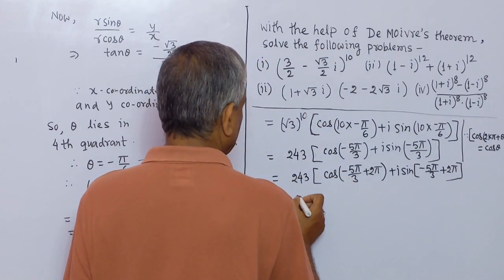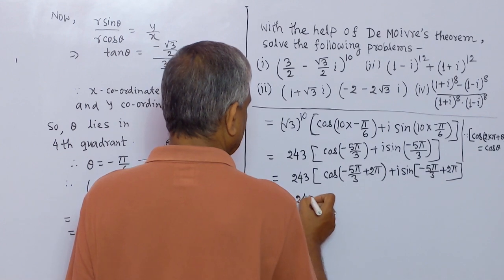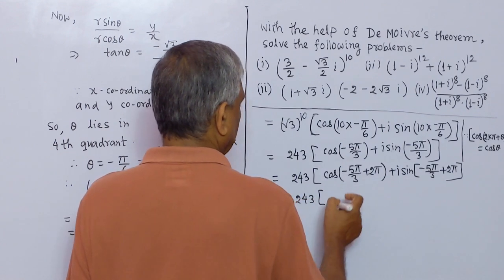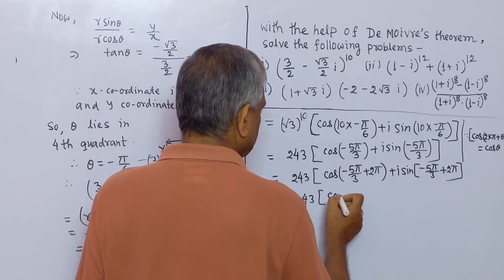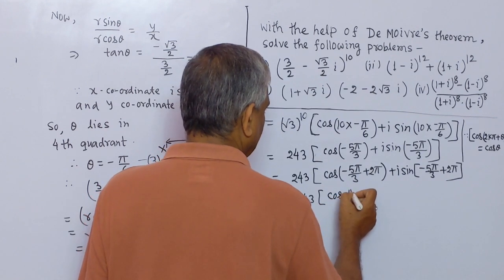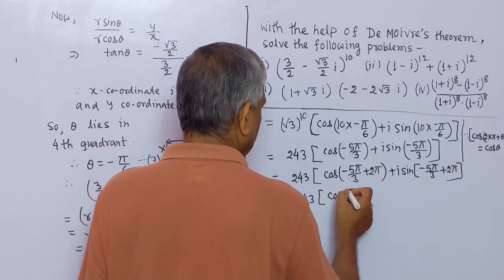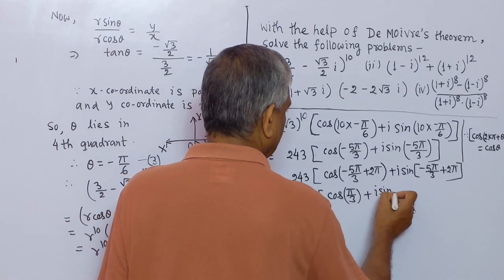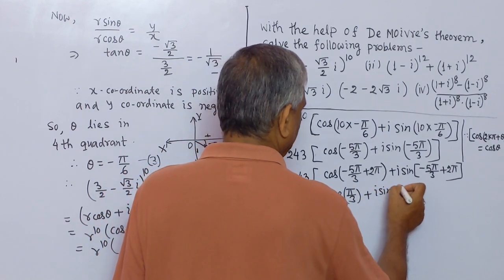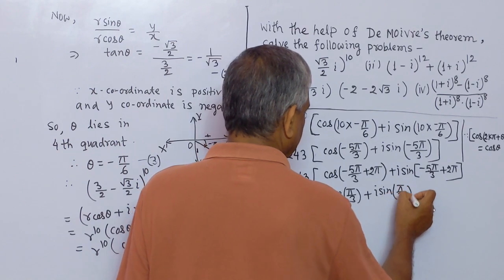This is 243. This is 6 pi, meaning cos pi by 3 plus i sin pi by 3.